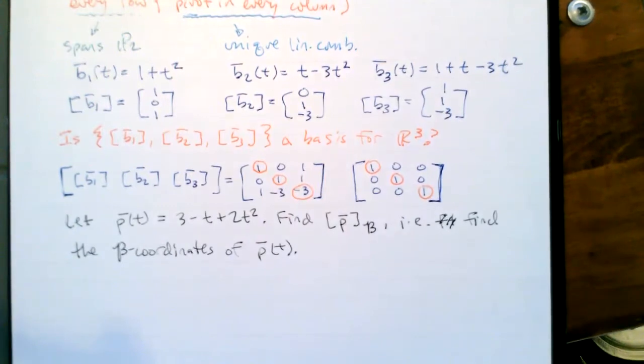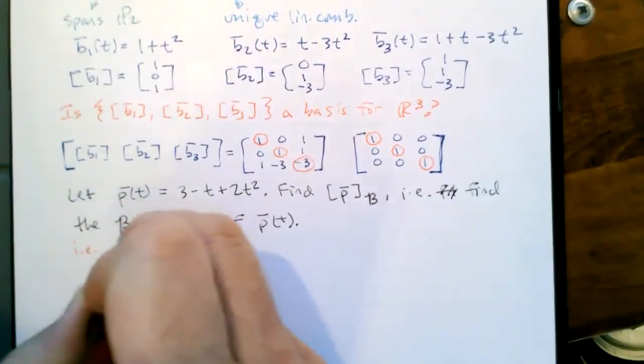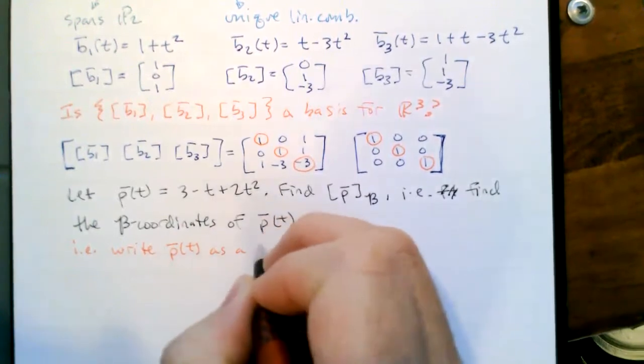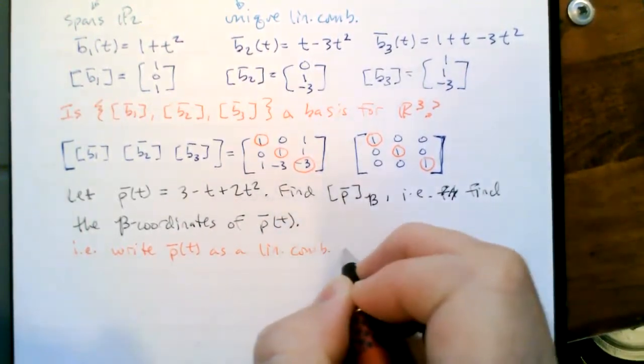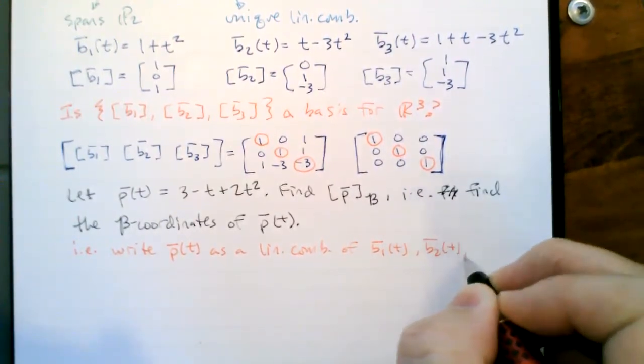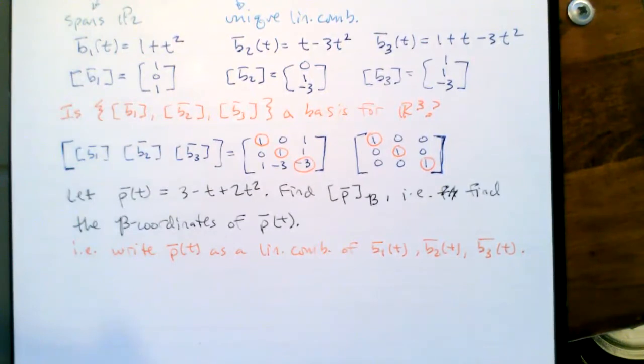That is, write P as a linear combination of the vectors in the basis B. So this is the same as saying write P as a linear combination of B1, B2, and B3.